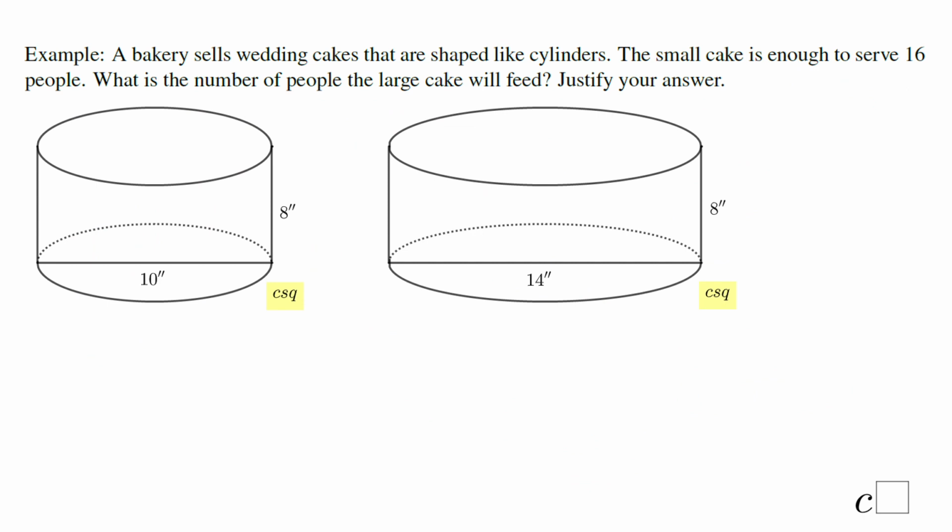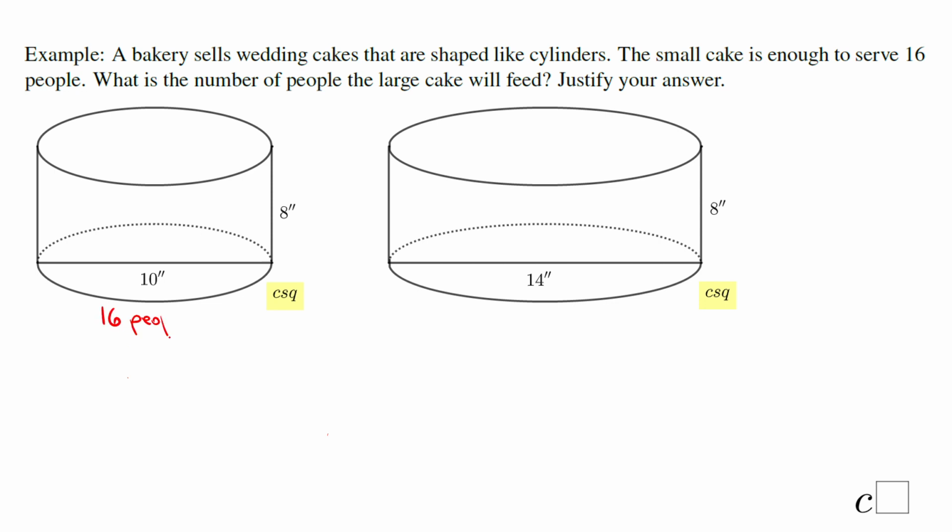My next example, and I think is the last one, is this one where we have two cylinders which model some wedding cakes. The small cake is enough to serve 16 people, so this one is gonna serve 16 people.